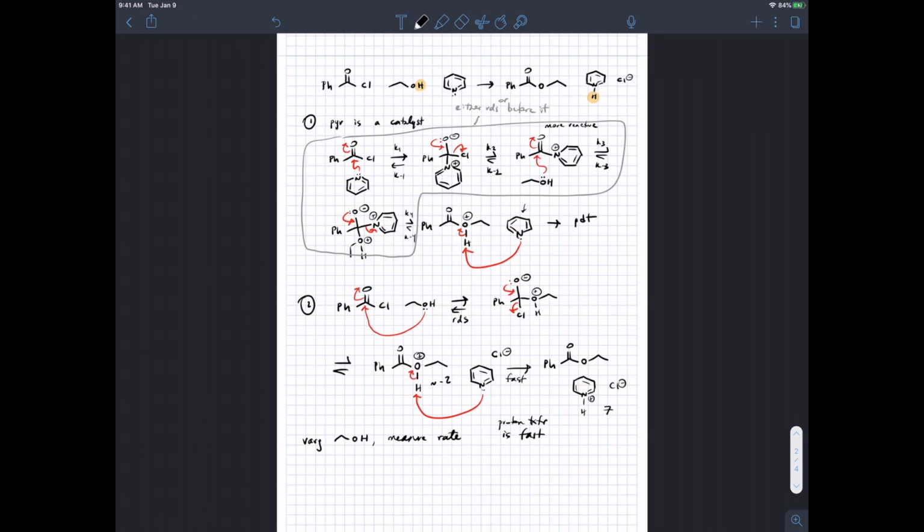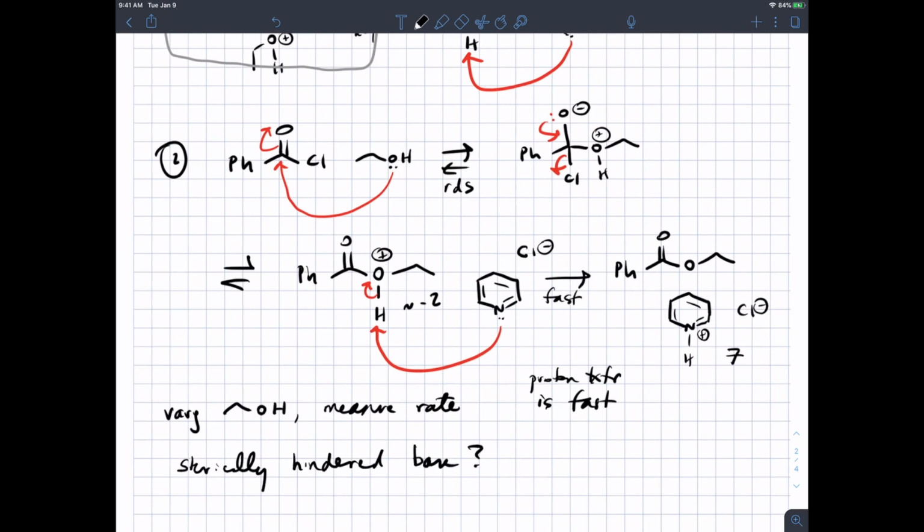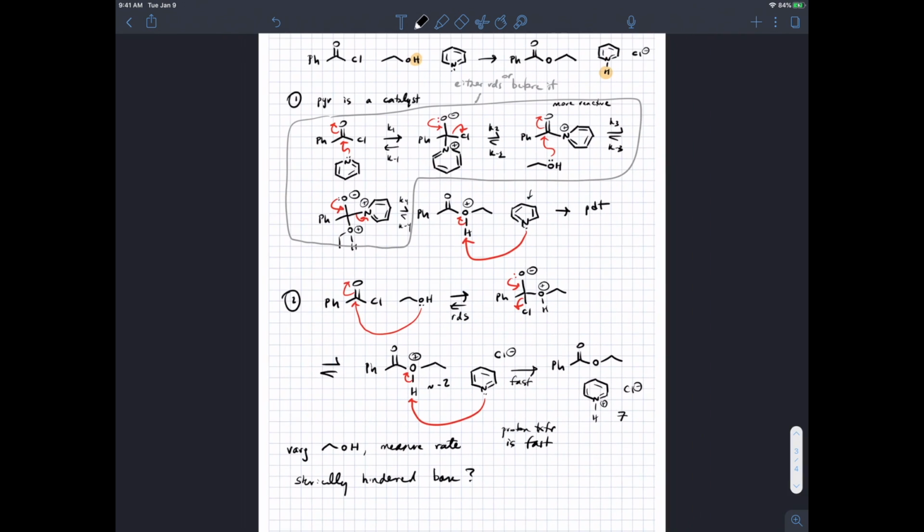A sterically hindered base. Sure. Yeah, I guess that's what I mean. Okay, that's an interesting choice. A sterically hindered base, and see how that changes the rate. But if you remove the pyridine, then, instead of pyridine? Okay.